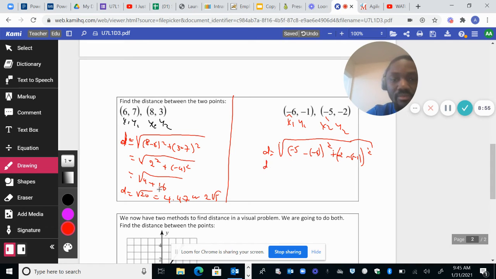Minus 6 is plus 6, so negative 5 plus 6 gives you 1. You square it. The other side, minus 1 is plus 1, and then minus 2 plus 1 is minus 1. You square it.